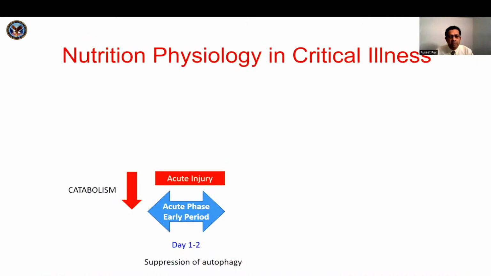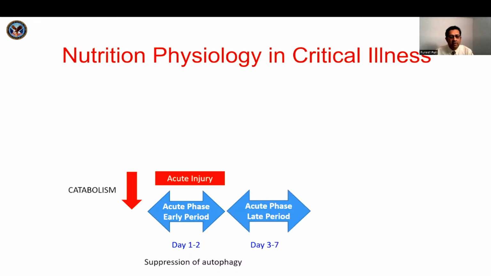Before we go into the specifics of nutrition, I would like to bring attention to nutrition physiology in critical illness. The very first process is an acute injury that brings in catabolism. This acute injury is further assessed in an acute phase, both early and late. The early acute phase is usually day 1 to 2, which also has associated suppression of autophagy.